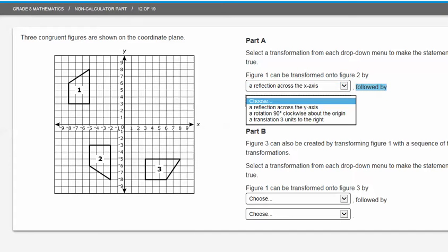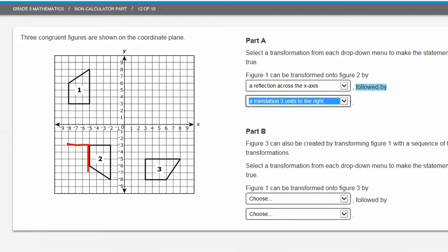So let's see if that's an option. 3 units to the right. Look at that. That would be great. Now, when you do this problem, I would expect that you would draw this out, draw out the reflection, and then notice that you are 1, 2, 3 spaces away from figure number 2.